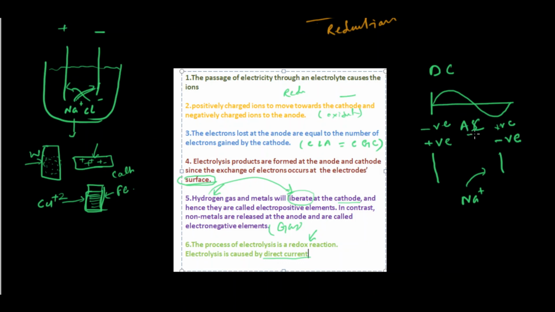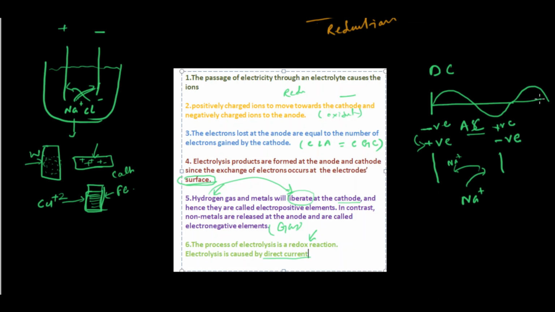But due to the AC current, the terminal will change and this negative will become positive and this positive will become negative. So instead of going towards this, sodium will start moving towards this, and when the sodium starts moving towards here, then again it will change into positive, because you can see AC goes like this.